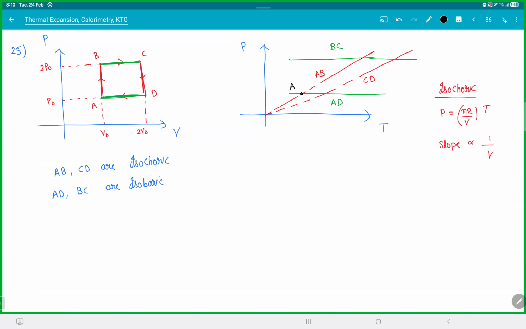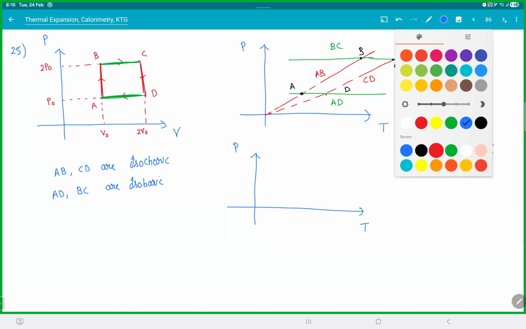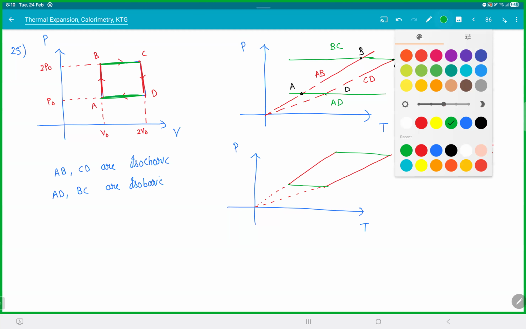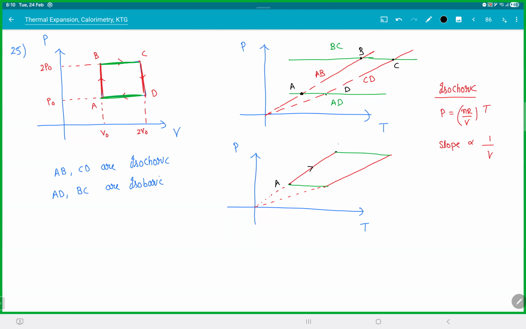So this is A, this is B, this is C, and this is D. So just draw a new one. There, this is how the graph looks, everyone. It's not a parallelogram, it's a trapezium, and those two lines will actually pass through the origin. This is A, B, C, and D.